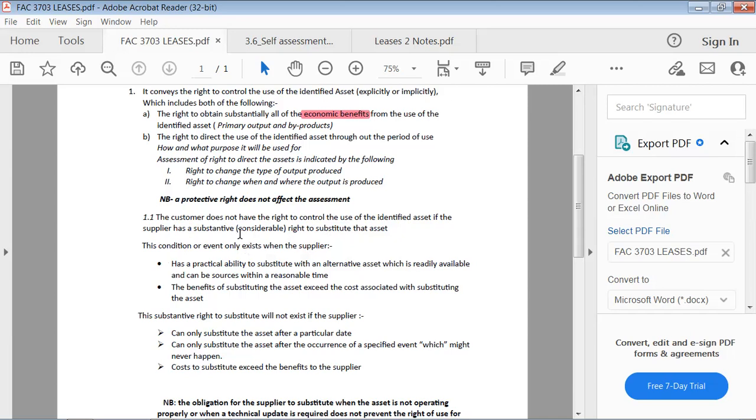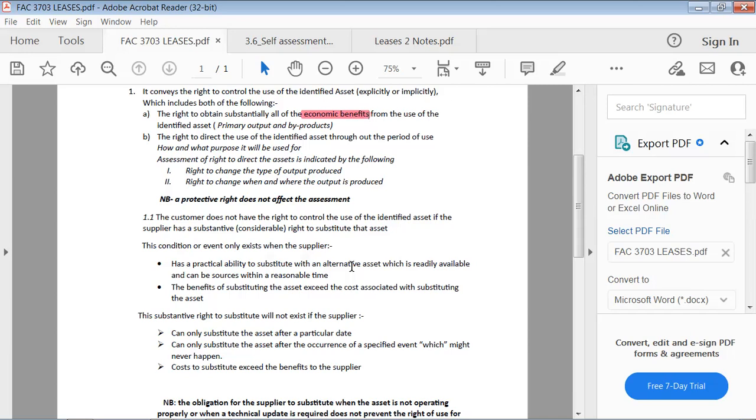This is found when it is stated that he has a practical ability to substitute with an alternative asset which is readily available and can be sourced within a reasonable time. So if I have given you one of my Uber cars, let's say the black Mercedes-Benz, and at any time I can take it away and give you a Toyota or a Kia, that means I have the practical ability to change it at any time.